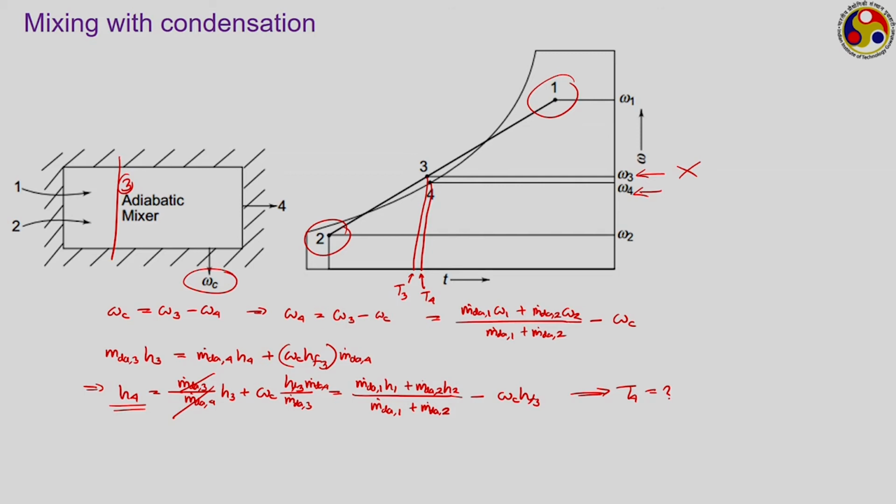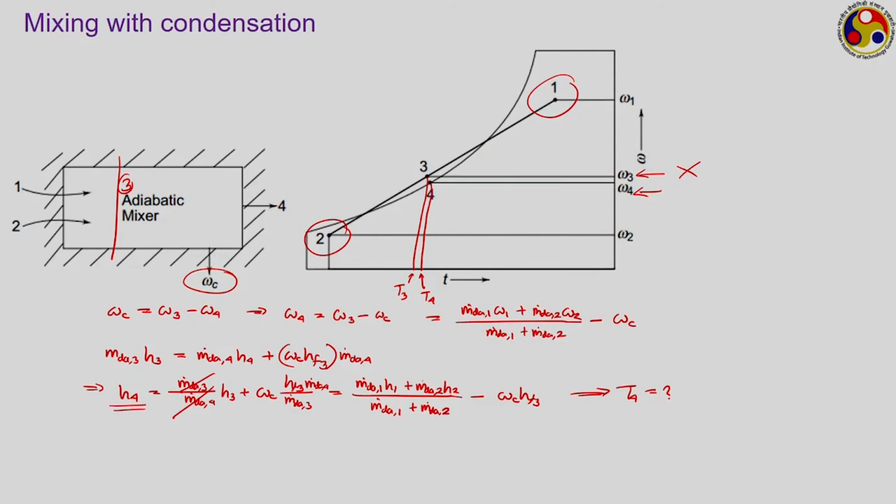So, this mixing with condensation is not the most common process in air conditioning applications, but in real life you must have seen this scenario. Just think about a winter day, where stream 2 corresponds to very cold air in contact with the ground, whereas stream 1 may correspond to warm and moist air which may appear in the higher atmosphere in the evening or when the sun is out.